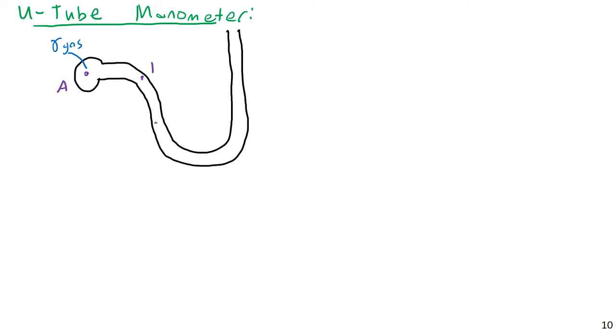I'm going to call where the gas ends point 2. I'm going to call the bottom of the tube point 3. The point that is level with the end of the gas is point 4, and the top of the fluid is going to be point 5.